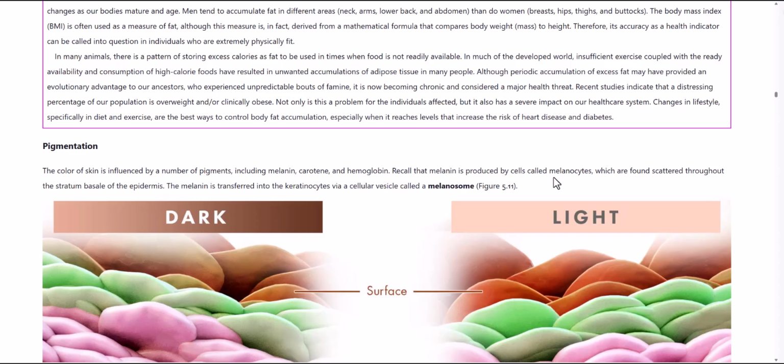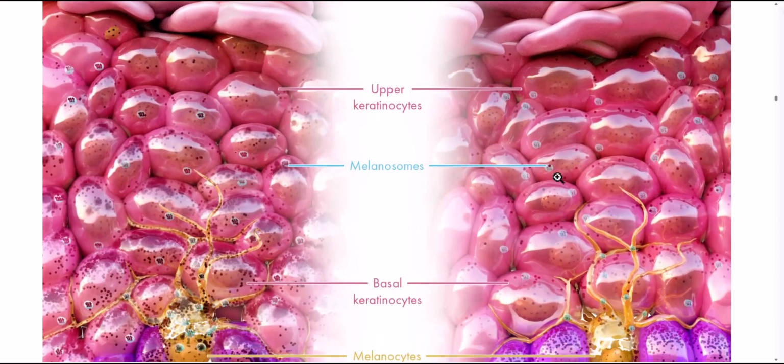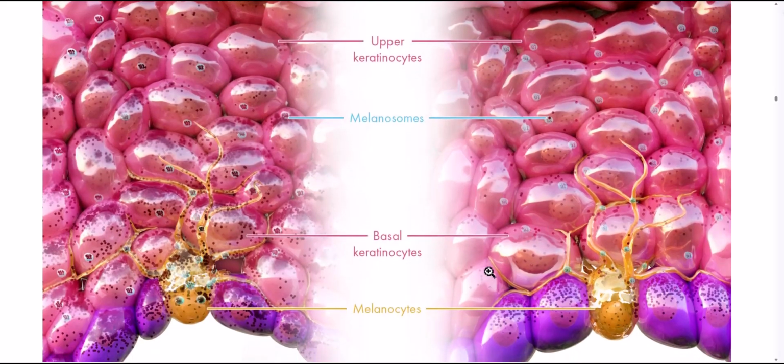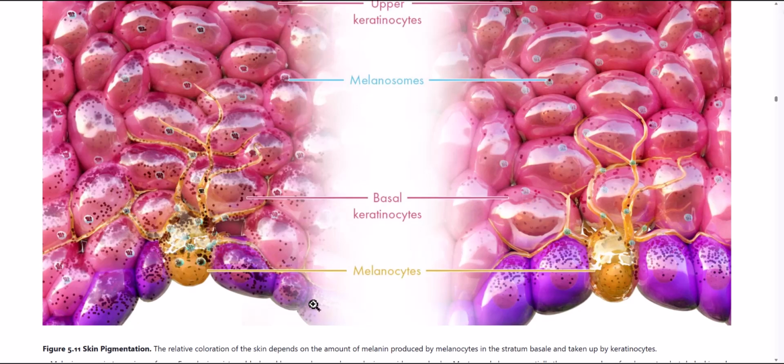So let's just take a look at the epidermis again, and again, here are those bottom layers of the stratum basale, and here we see a melanocyte. Now, on the left, this is a melanocyte which is producing a darker color of melanin, and the melanin is released through little melanosomes.